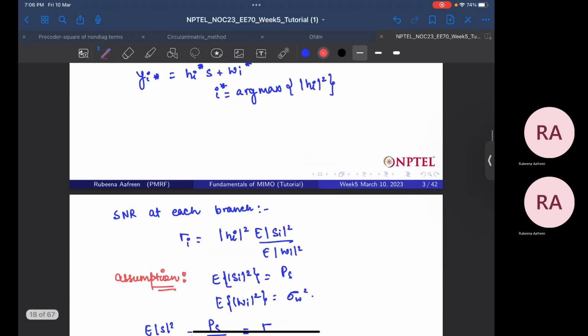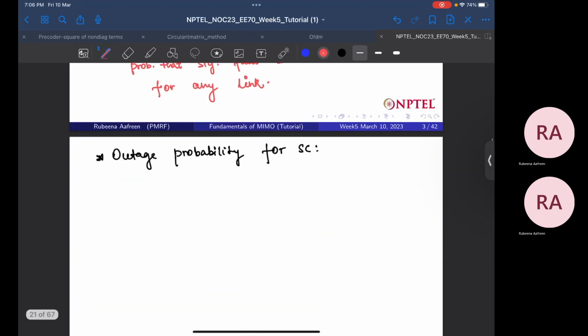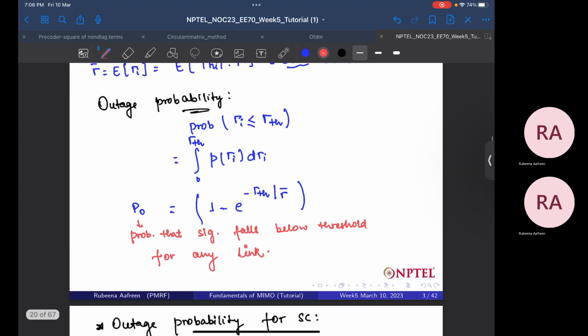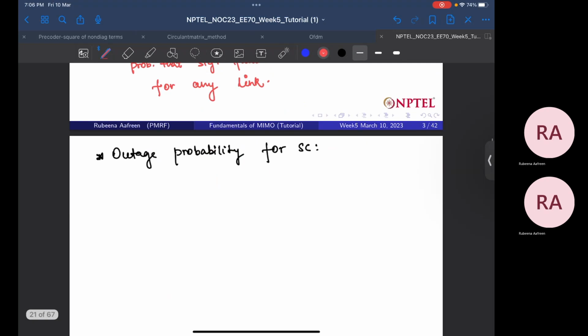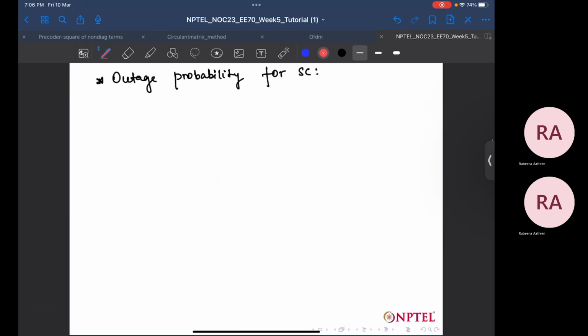So for outage, the signal value for all the links should fall below the threshold, right? So for selection combining, when will outage happen? Outage happens when all M branches are in fade.